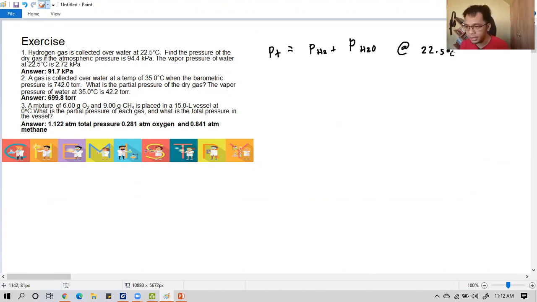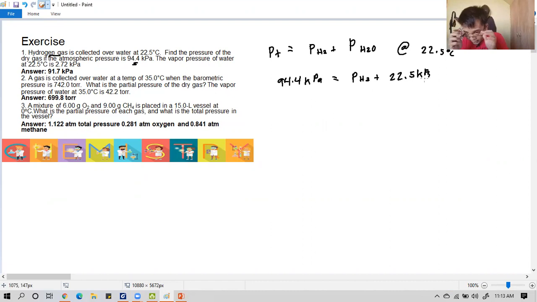So, nagmamatter temperature dyan, guys. The P total natin is 94.4 kilopascal, is equals to the pressure of our hydrogen gas. The pressure of hydrogen gas is unknown, kasi hinahanap natin eh. Find the pressure of the dry gas, which is the hydrogen gas. And the vapor pressure of water is 2.72 kilopascal.